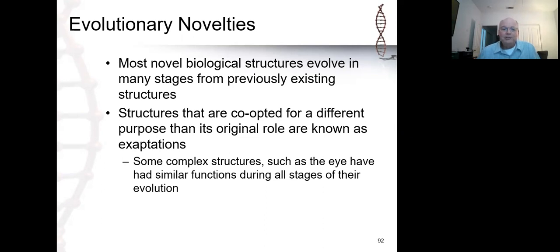And you might imagine that having all of those pieces evolve at once would be very, very improbable. The probability of that happening would be very, very small.